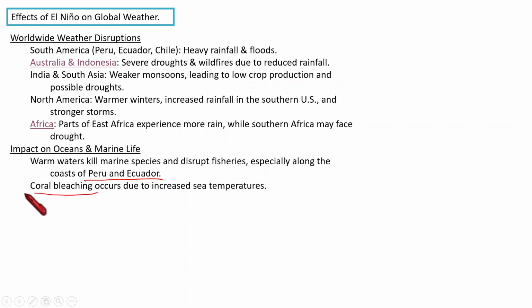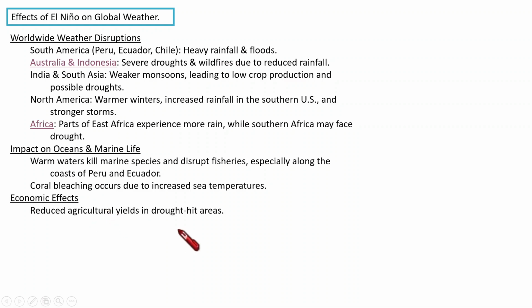Coral bleaching: for corals to have brilliant coloration, they need cooler temperatures. As the sea temperature increases, it leads to coral bleaching. That means the algae associated with the coral die, and as they die off, the coral appears white, bleached. So that is coral bleaching.